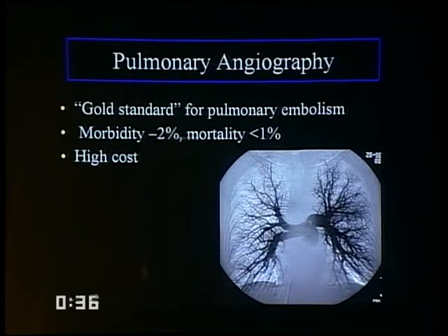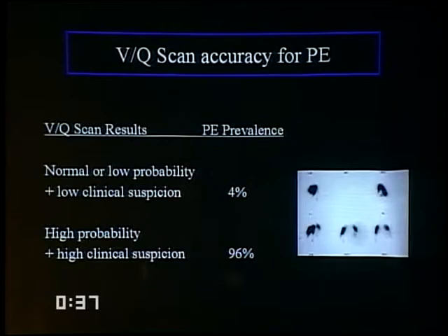So it is a safe procedure. I think the practical issue has been its high cost, the necessity of bringing in a radiologist in the night to do it, and so forth. So certainly CT has been embraced by clinicians very rapidly for multiple reasons.